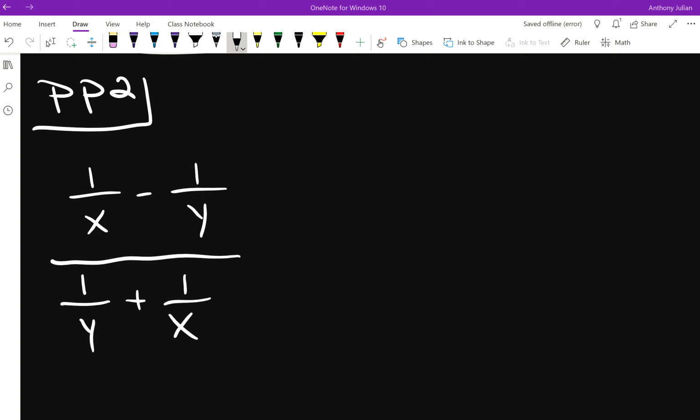But I like to break it down into 2 smaller problems, okay, which means I'm going to subtract the numerators. 1 over x minus 1 over y. And when I do that, my way of teaching this is to get the denominators to be the same. And so I'm going to multiply the x here by y.